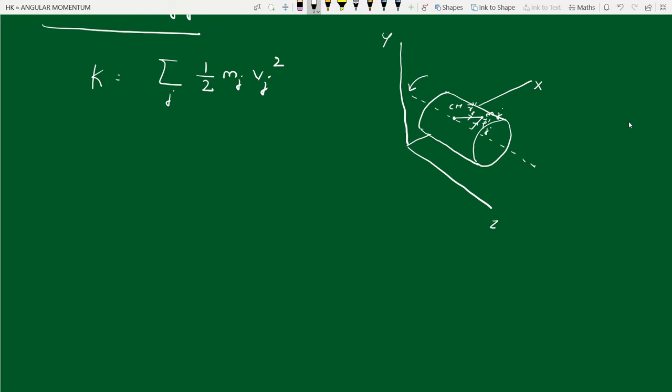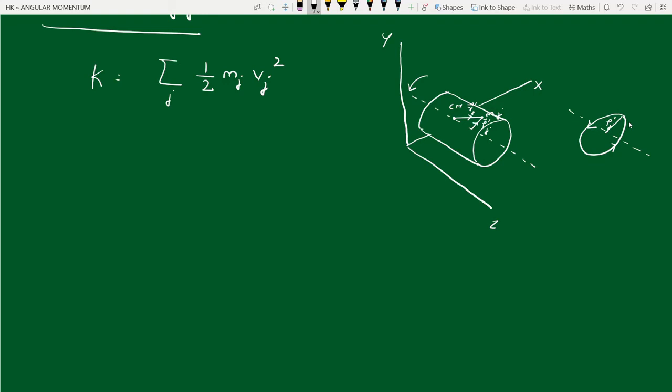One is, if this is the z-axis, the jth particle is undergoing a circular motion around the z-axis with rho j prime as the radius. So this is one motion, rotational motion about the z-axis.